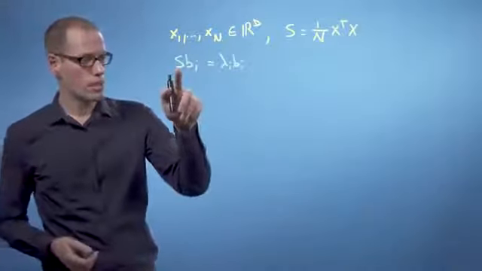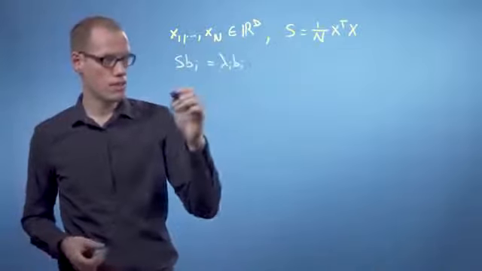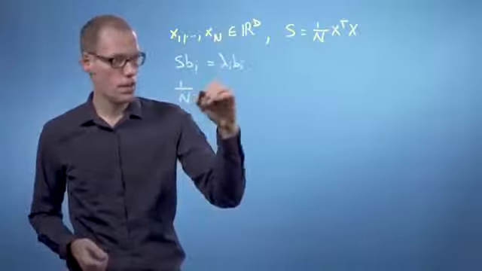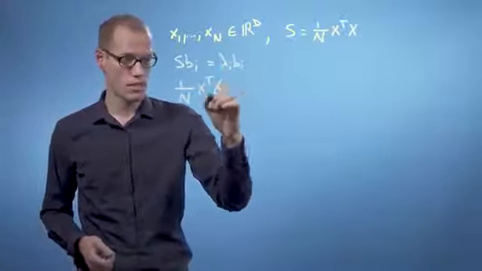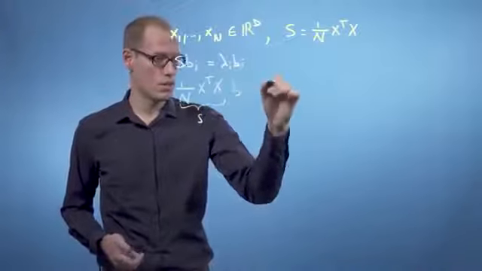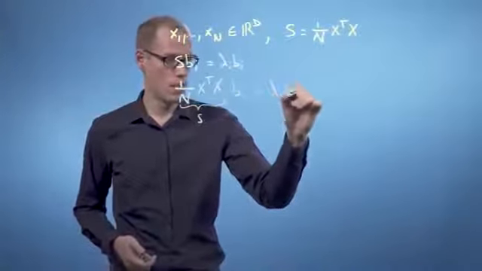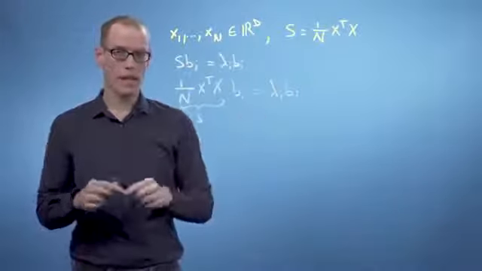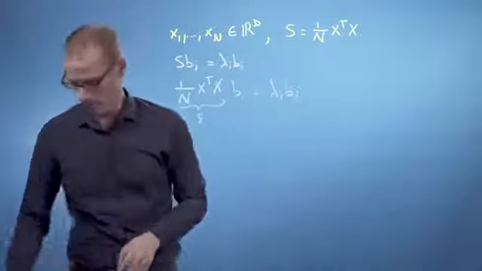We're now going to replace S with the definition up here. So we'll get 1 over n times X transpose X, this is S, times Bi equals lambda i times Bi. And now we multiply X from the left-hand side.